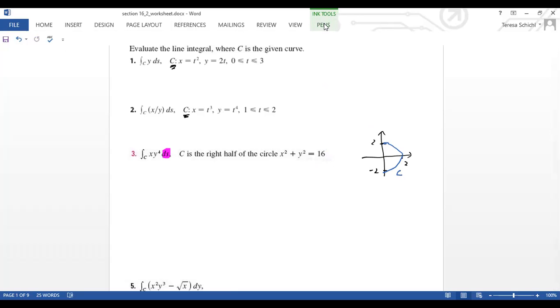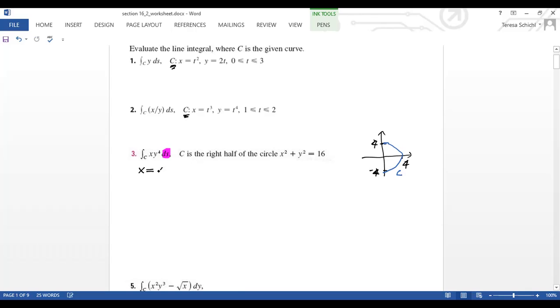This problem did not give us the parametric form, but from pre-calculus in high school, you know how to define circles. Since this is 16, the radius is 4.